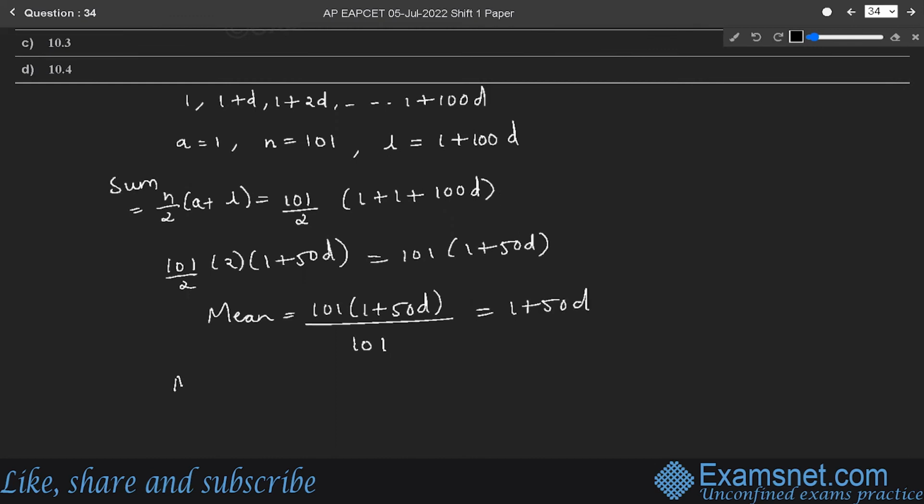So, mean deviation will be summation of modulus of x minus xi divided by n.